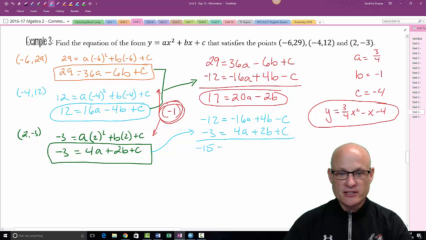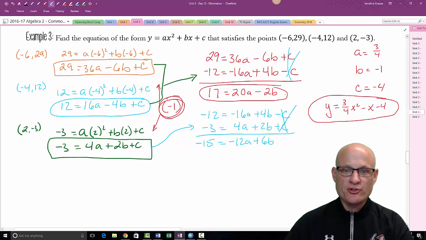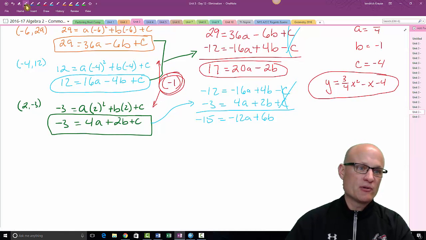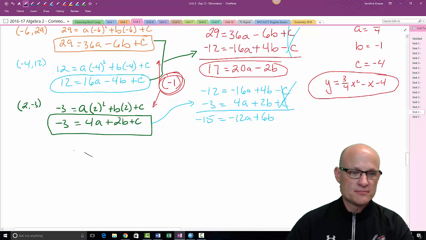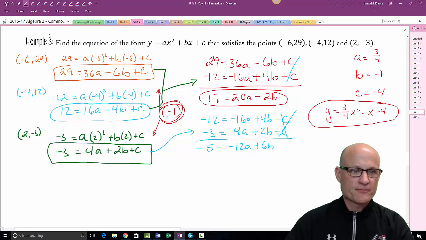Negative 15 is equal to negative 12A plus 6B, and these go away. So those are now my two new equations. Let me write them over here. Negative 12. Oops.